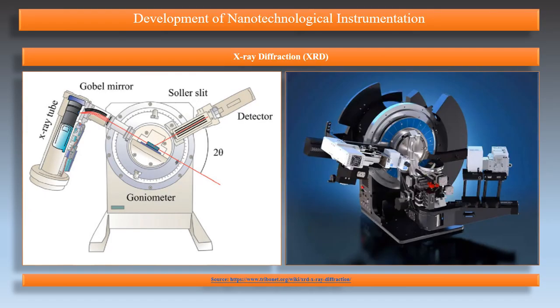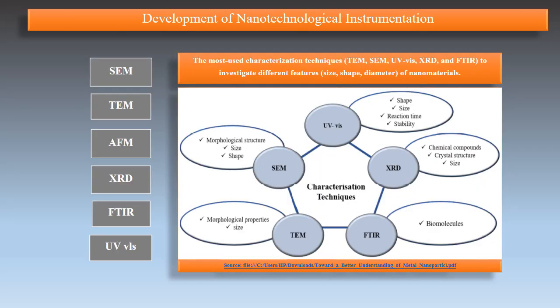Also, XRD, X-ray diffraction setup, allowed researchers to identify crystal structure of material, its phase and grain size, helping them to understand how nanoparticles are arranged at the atomic level. All these advanced tools such as SEM, TEM, XRD, and AFM have enabled the rapid growth of nanotechnology.